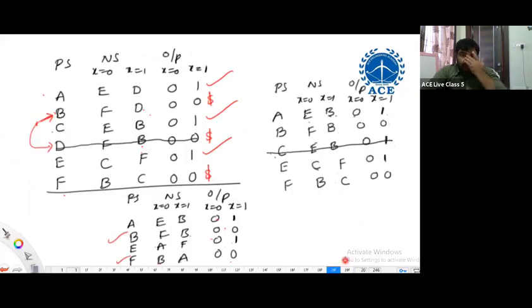This is what we have discussed about FSM, which is required for our exams. So be clear about this.